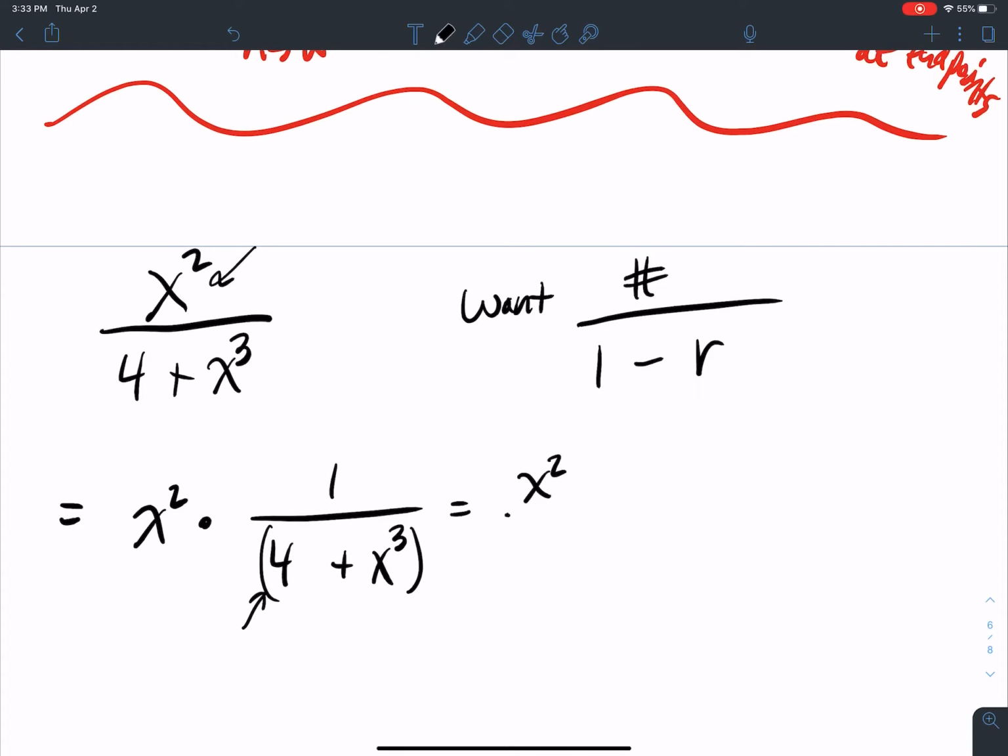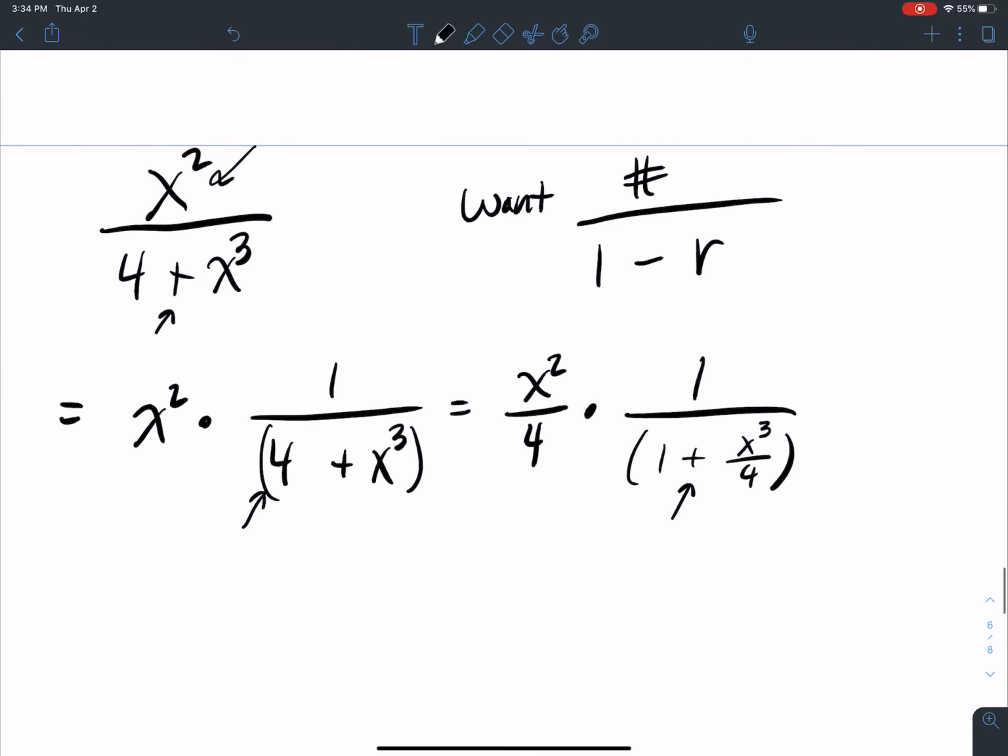So I have x squared over 4, right, times 1 over, well, when I factored the 4 out, I'm left with 1 plus x cubed over 4. Okay, and then the last thing I want to do is make this plus into a negative. So how do I do that?